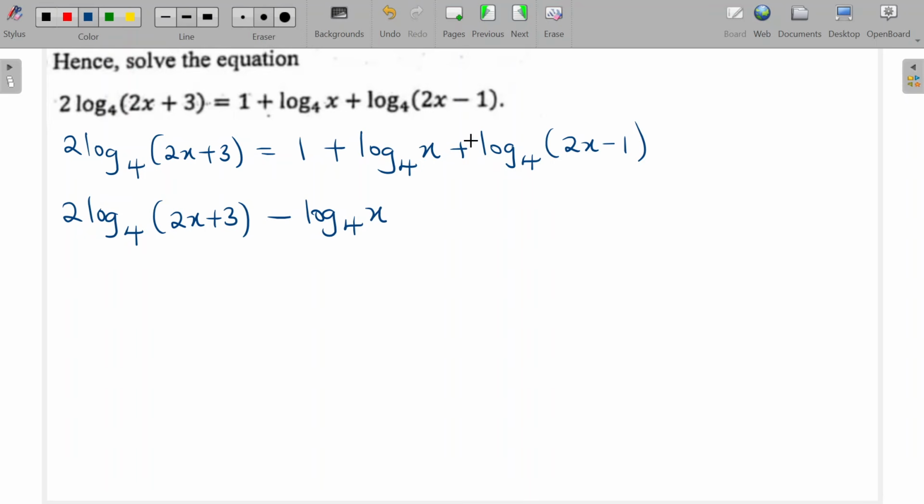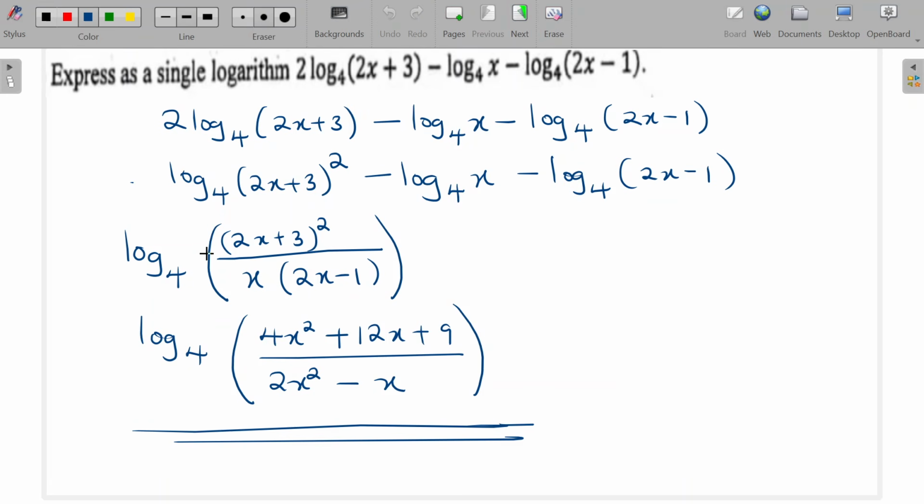Then again I take this log to the other side, since all of them have logs, it's going to be minus log 4 (2x minus 1) is equal to 1. Now if you examine this very well, it looks the same as the first one which we had.